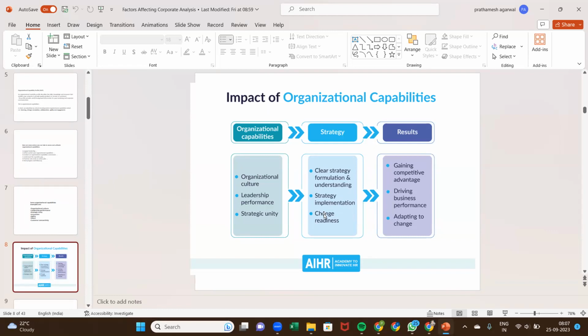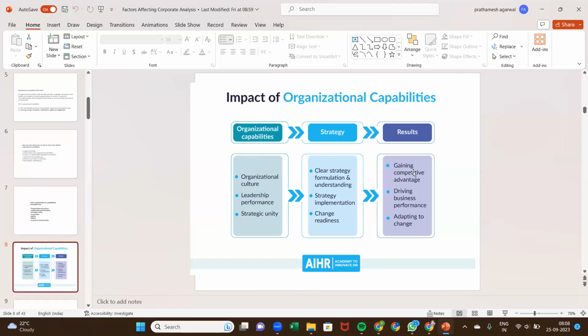Let's see, initially, accepting the change, everybody is a little bit hesitant. They are resistant because we are moving out of our comfort zone and we are going into a fear zone. So that is a change. All right. So if you accept the change, you will be ready to face any new developments. Then results, gaining competitive advantage.